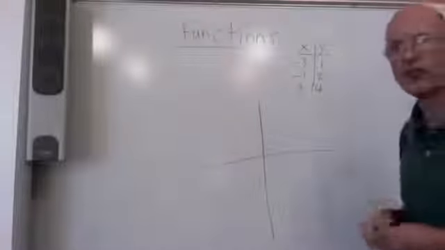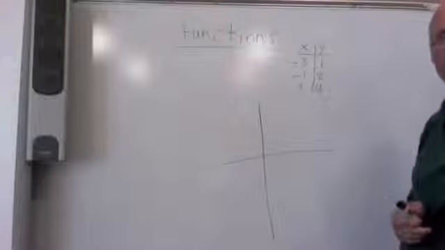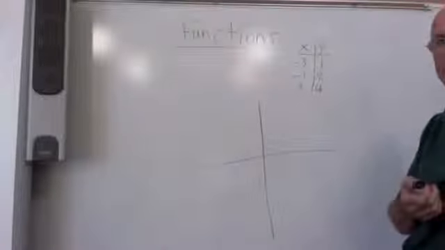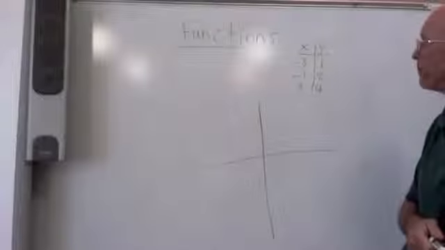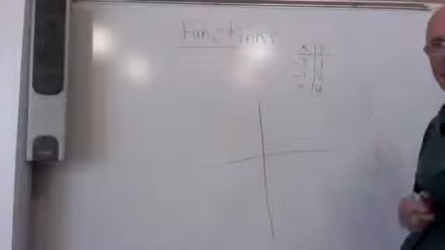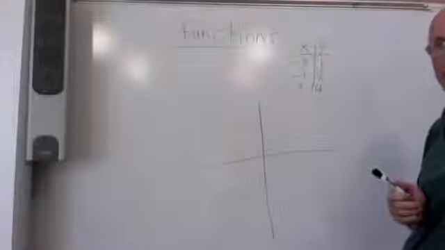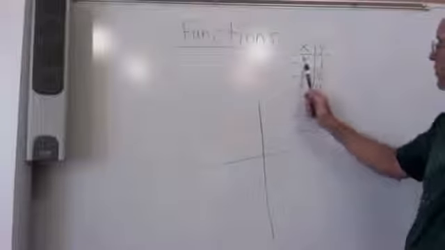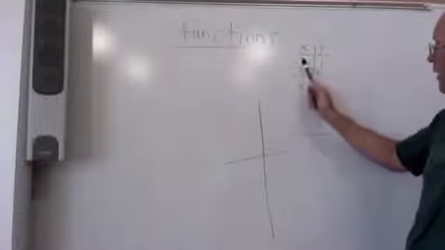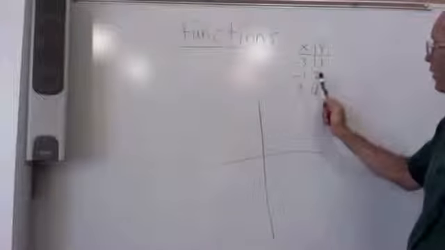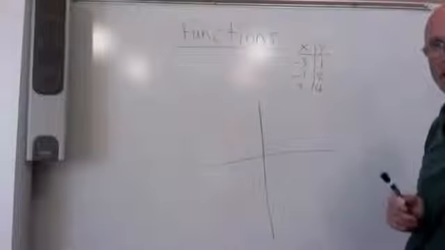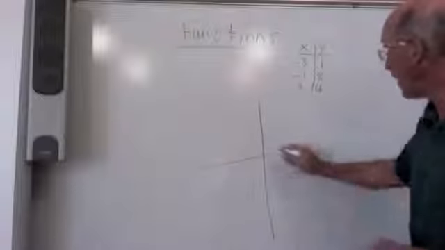First of all, you can ask yourself, is that a function? I'll stop for a moment. You pause the video, think about it. What'd you think? Function, yes or no? Well, there's 3 specific domains, and they each have one and only one range value, and so that's fine. It's a function.